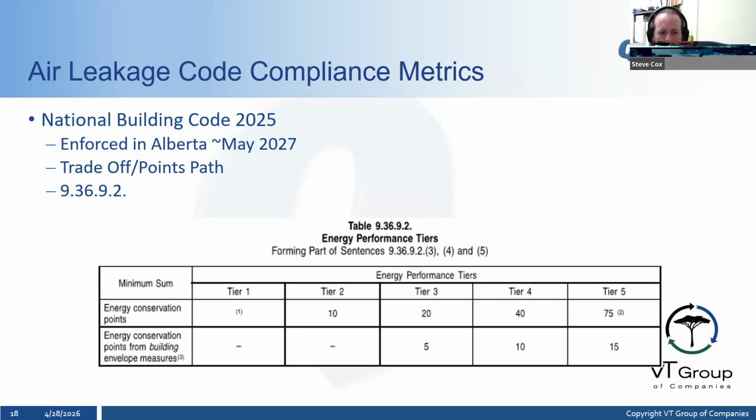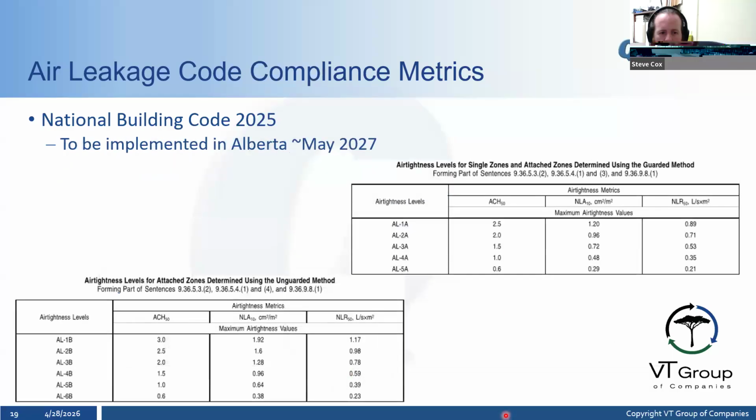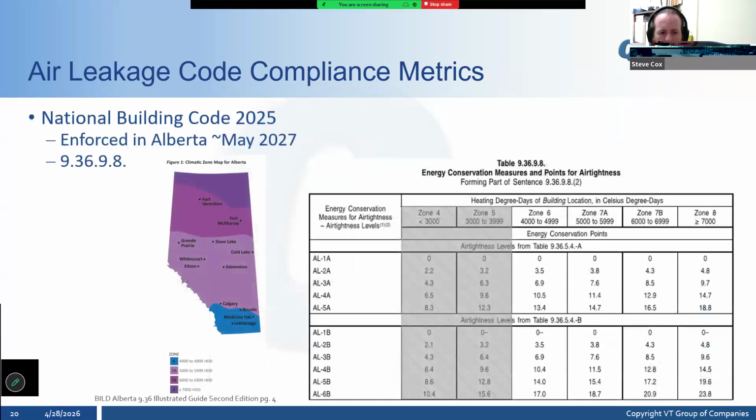Okay. What we're going to do is this table is also the same. This is the air leakage table. Okay, it's the same as it was in 2023 as it is in the 2025/2020 code. Will be the same. So what does that mean? What that means here is, so this is a points table now.